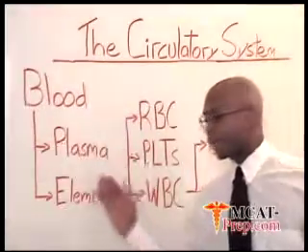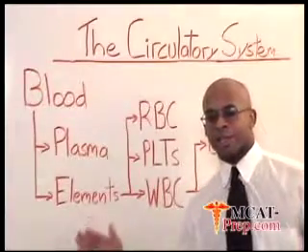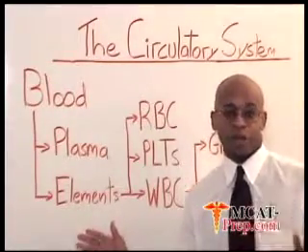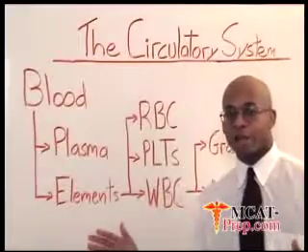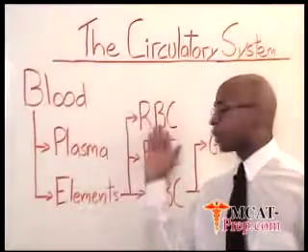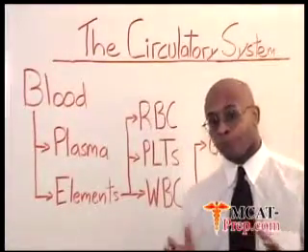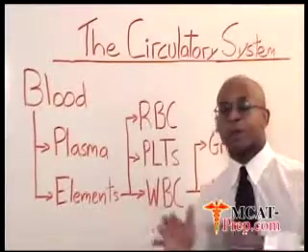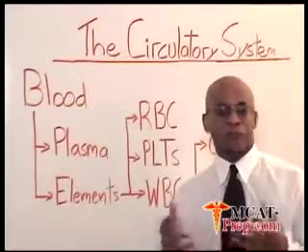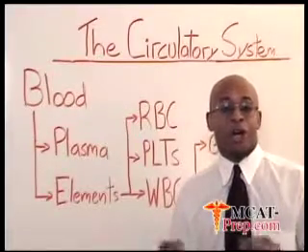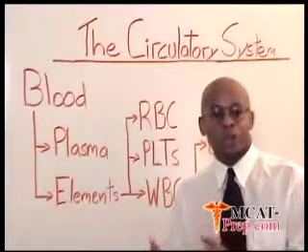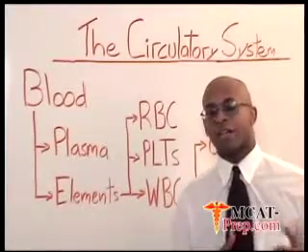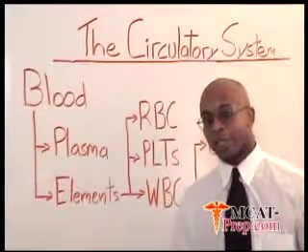So that's plasma. Then there are the formed elements. The formed elements, representing 45% of blood volume, include red blood cells. Now, red blood cells are 99% of the formed elements, so it's almost all red blood cells. And of course, we know that red blood cells are extremely important in terms of the transportation of oxygen and carbon dioxide.